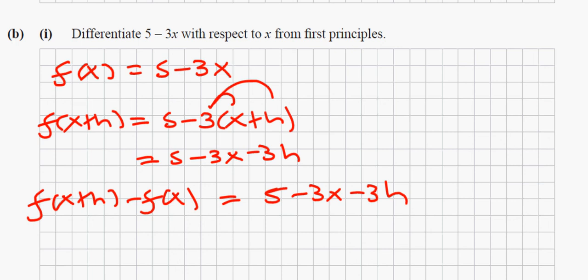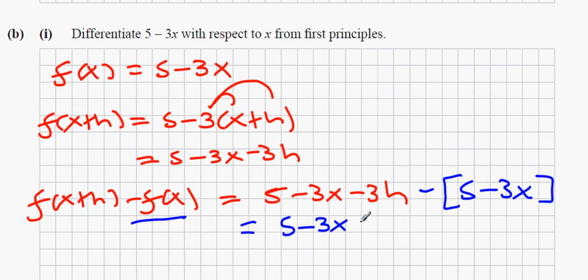Now remember the minus and the brackets. This is where everybody loses out. You forget to put the brackets in. And when you put the brackets in, you don't make these mistakes. 5 minus 3x minus 3h minus 5 plus 3x. Basically, everything that isn't an h should disappear by this point in the question. So we get minus 3h.